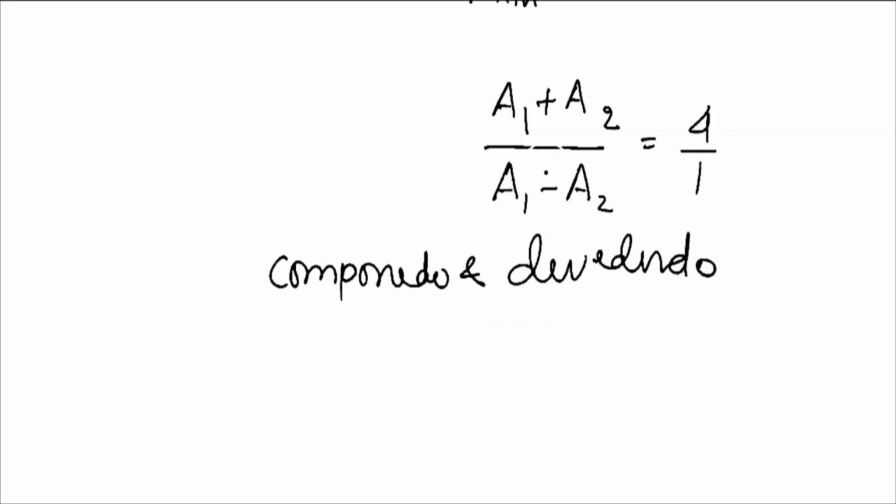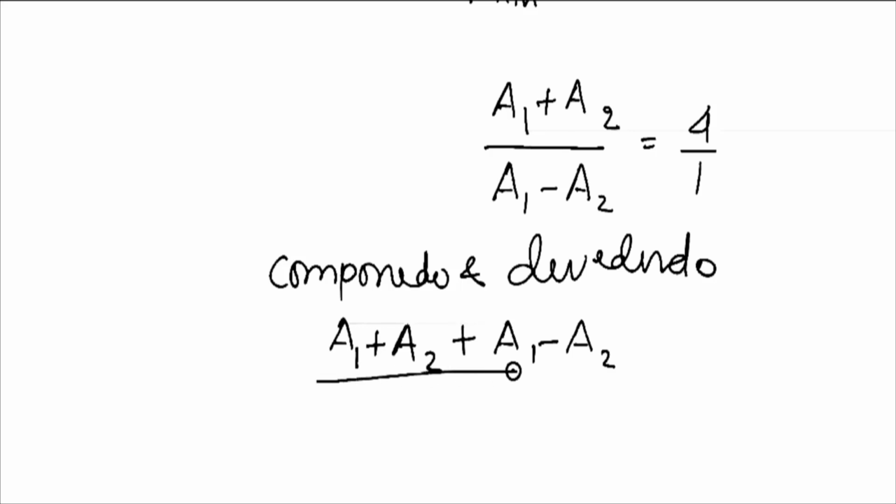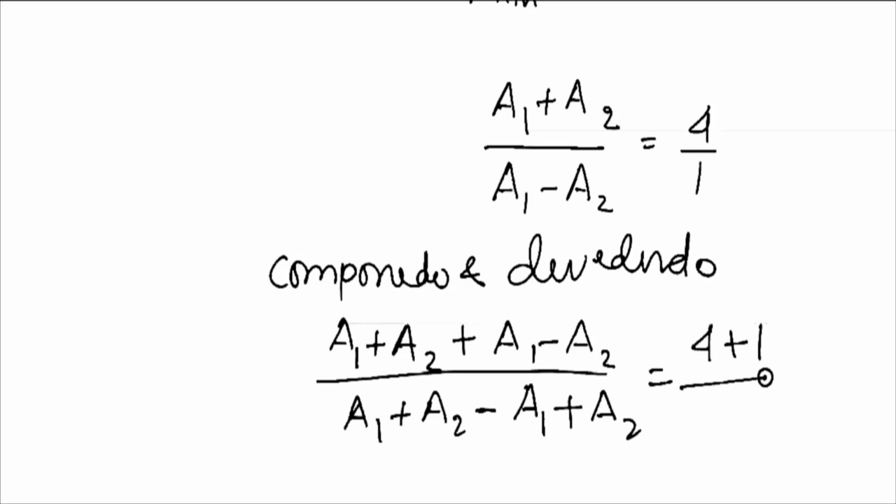then we can write A1 plus A2 plus A1 minus A2, over A1 plus A2 minus A1 minus A2, equal to 4 plus 1 by 4 minus 1.